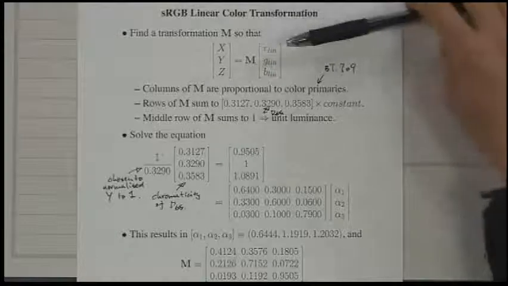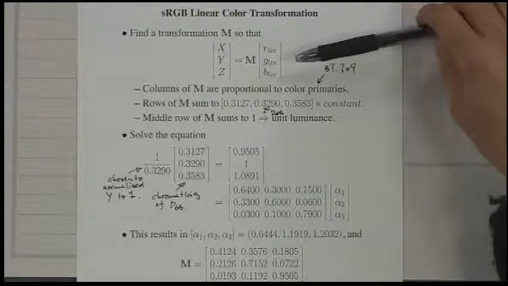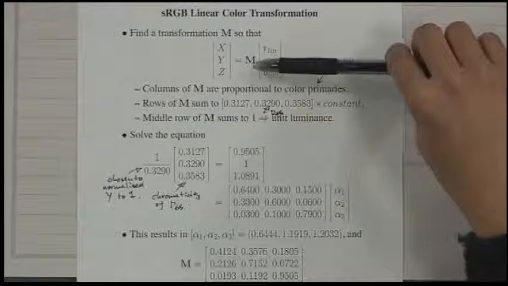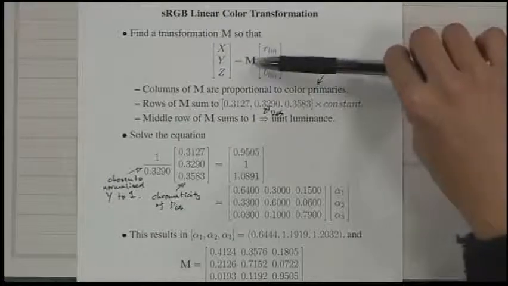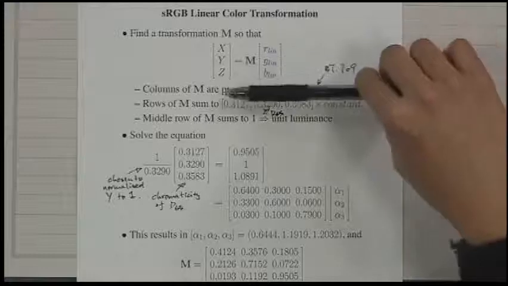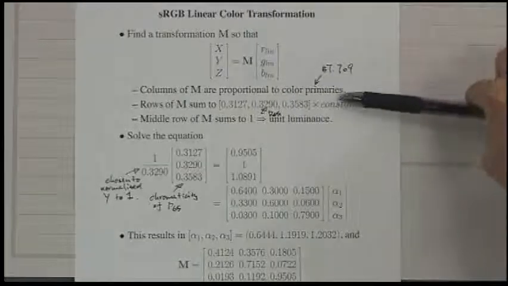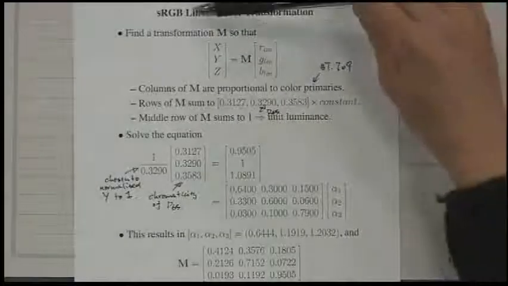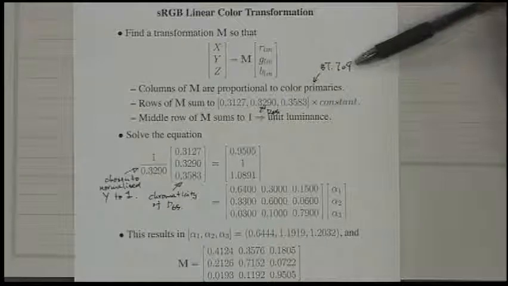This is very similar to what we discussed in the previous two examples. This matrix M is a 3x3 matrix. The columns of M would be proportional to the color primaries of the sRGB color space, the sRGB standard, which will be the BT709 color primary.